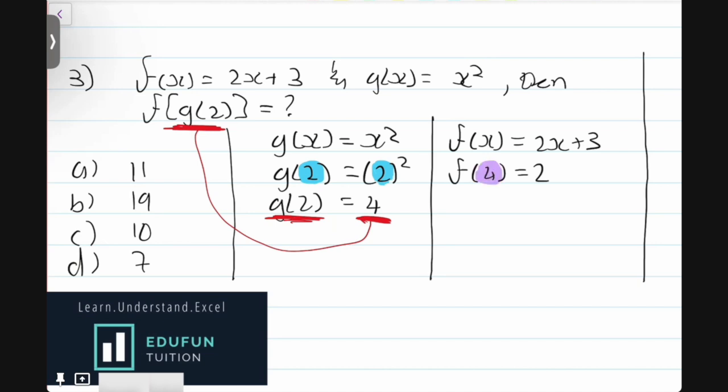Wherever I see x, I need to put 4 in brackets. So f of 4 is basically going to be 8 plus the 3, and that's 11, and done. So our answer there is A.